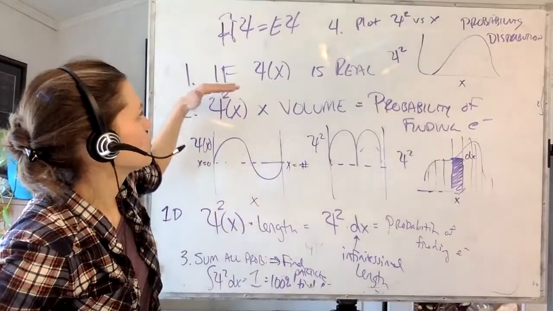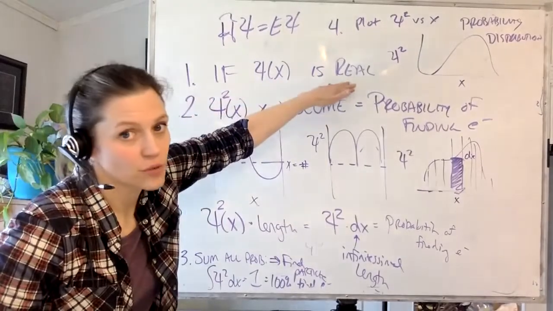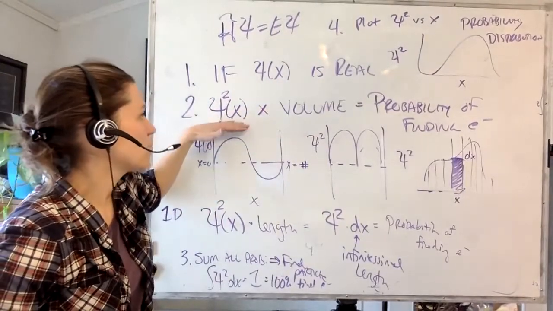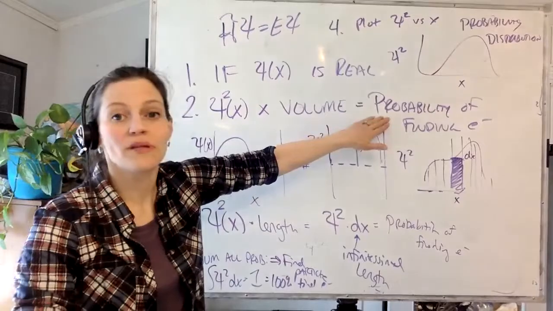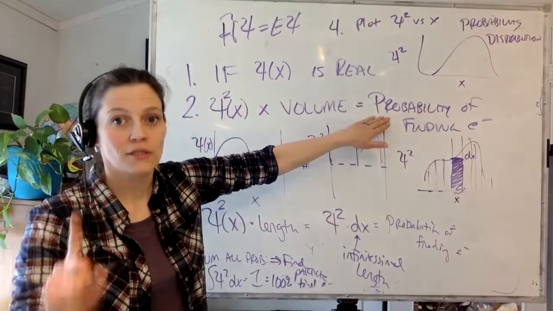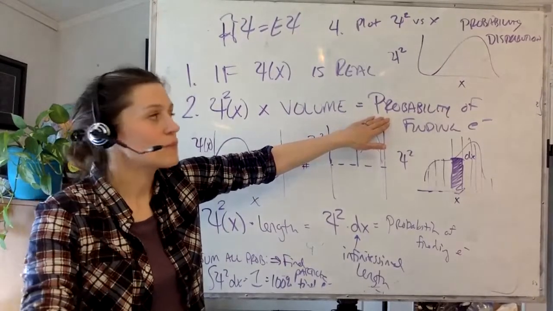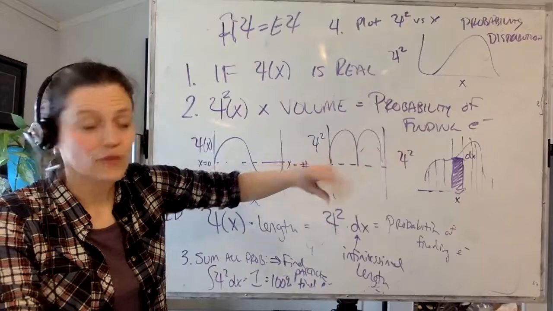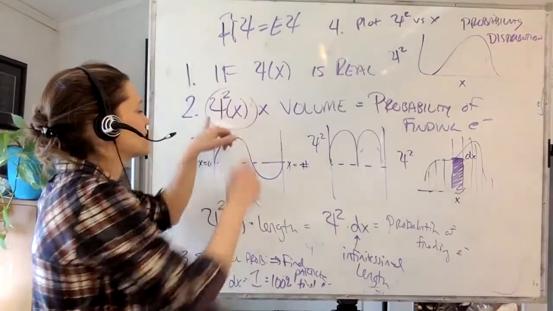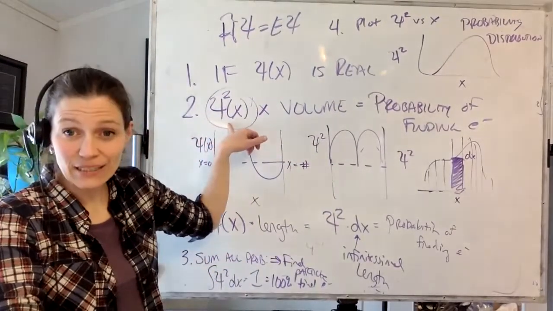Number 1, psi is real, no complex numbers. Number 2, psi squared times a volume equals the probability of finding the electron. There's a probability, and then psi squared becomes the probability density.